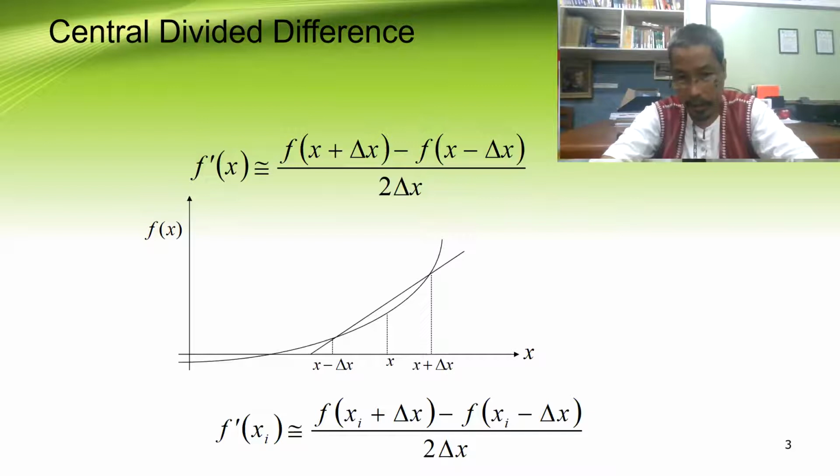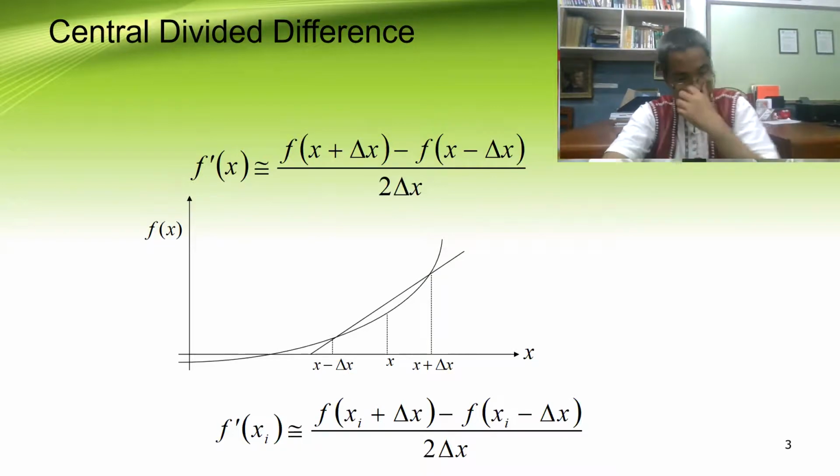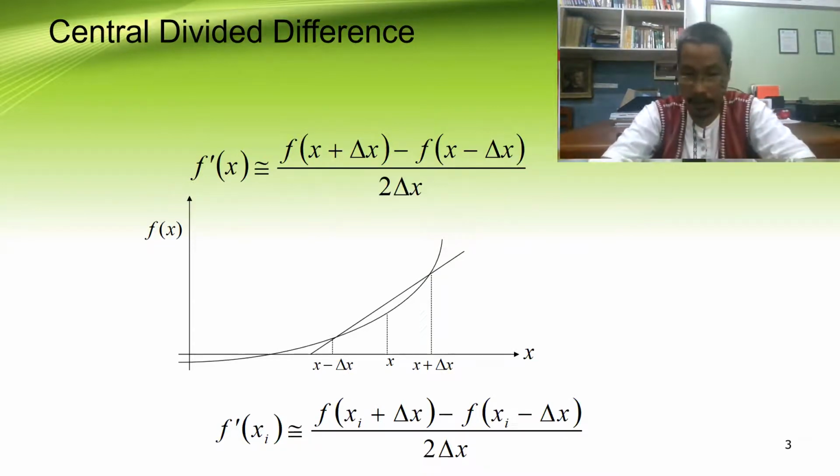So as you can see in the diagram, we would like to find the slope of the curve at x, but we need 2 points for that, and the 2 points that we selected are x plus delta x and x minus delta x.